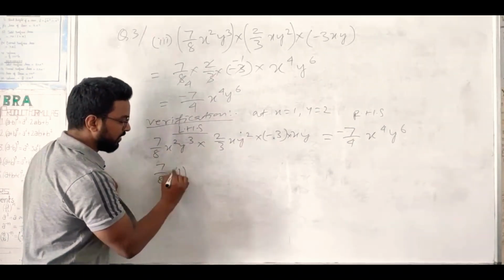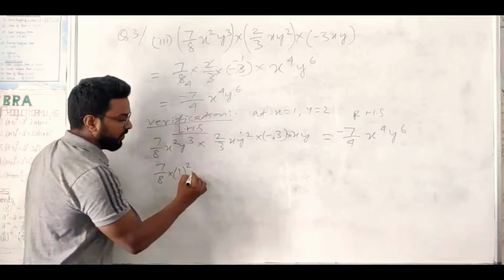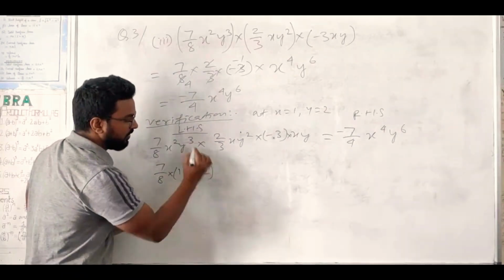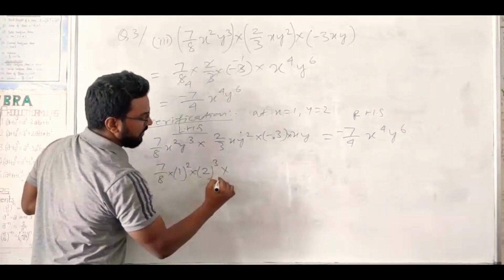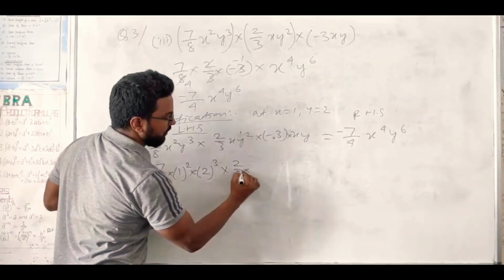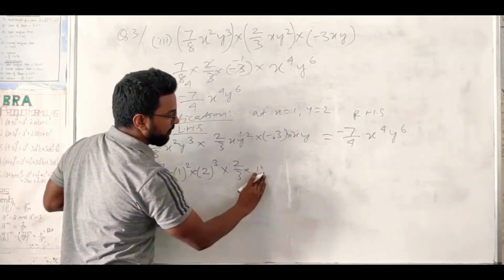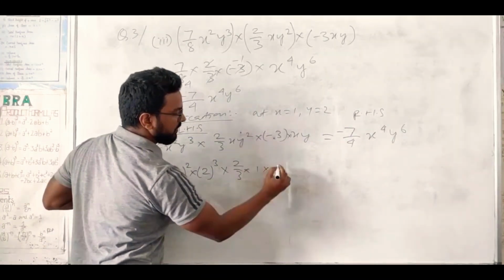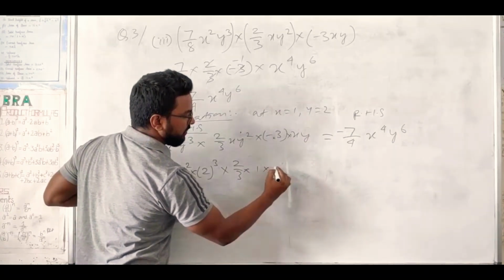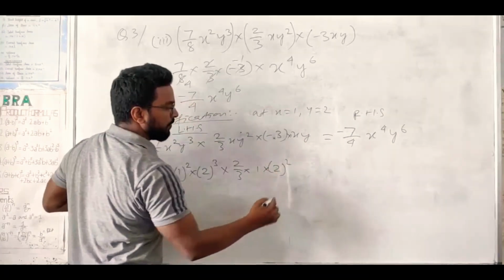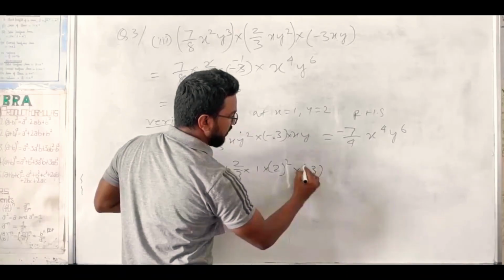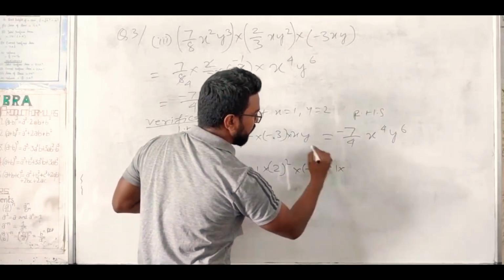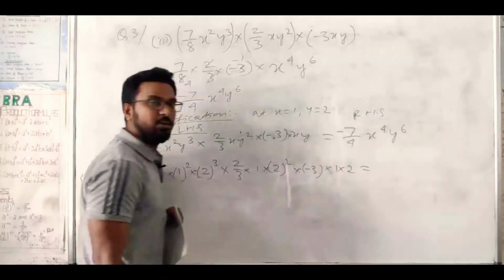X is 1, and here it is given square. What is y? Y is 2, and it is given cube. Into 2 by 3 into x is 1, into y is 2, so 2 is square, into minus 3 into x is 1 and y is 2. That will be the left hand side.